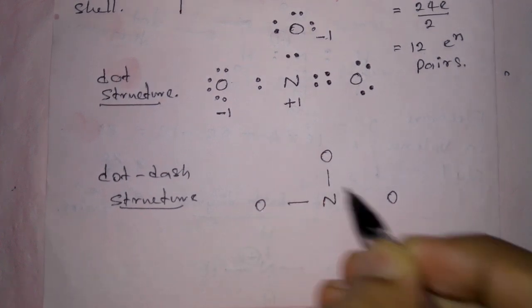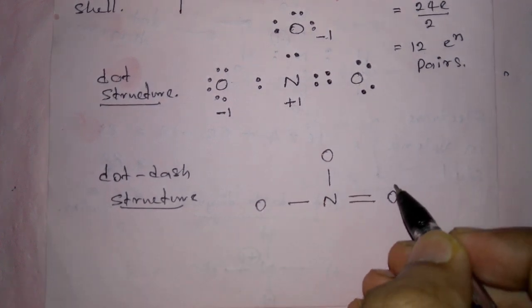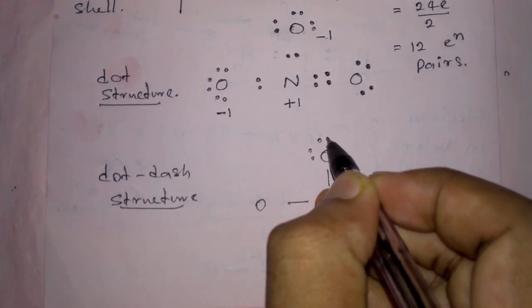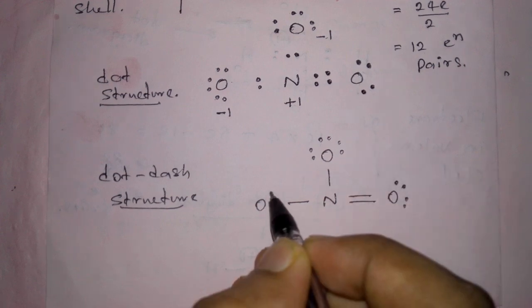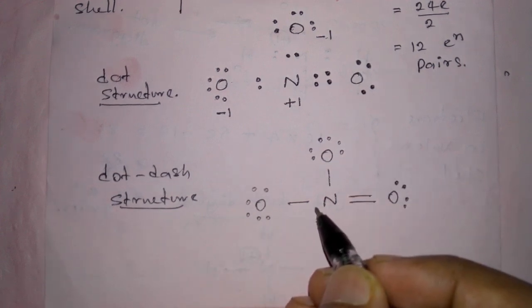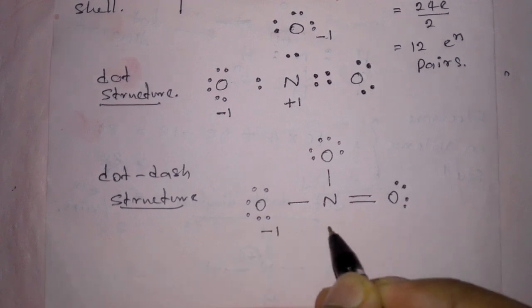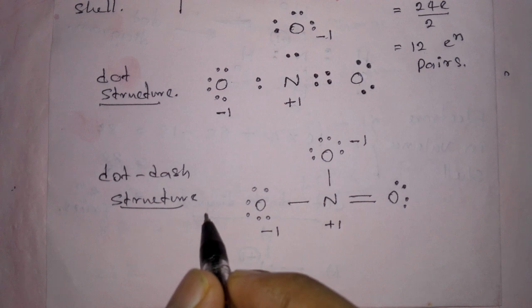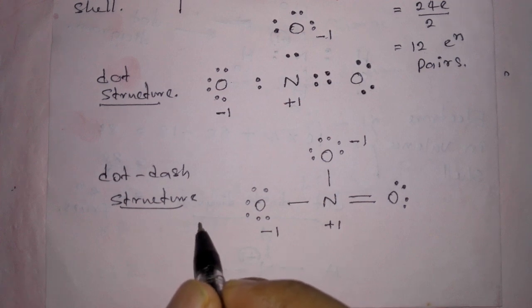Like this. This is the Lewis dot dash structure of nitrate ion.